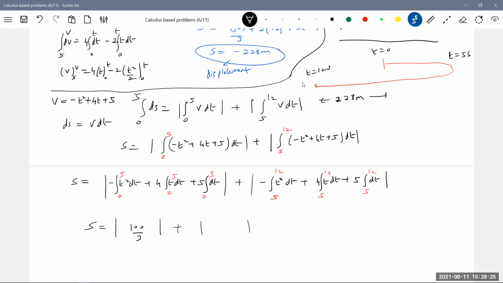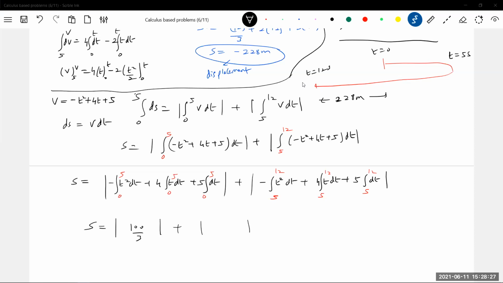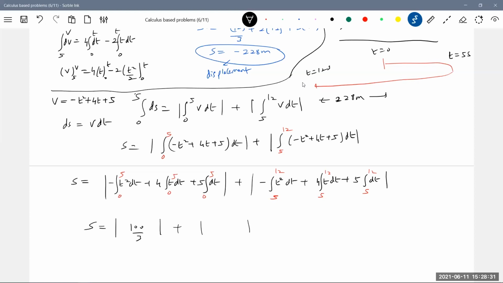Positive. Second one: 100 by 3 plus 228. You add up, that'll be the second one.